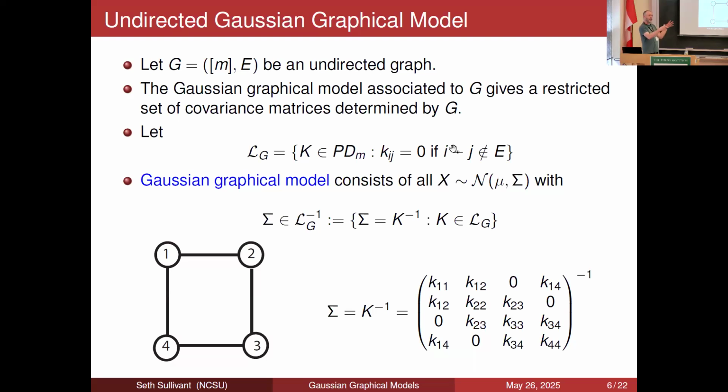So the missing edges in the graph tell me where the zeros are in this matrix K. And the Gaussian graphical model associated to this graph is going to be all of these normal random variables where the sigma is restricted to live not in LG, but in the inverse space of LG. So I'm going to take that linear space LG. The inverse means I'm going to take all the sigmas I get by doing the inverse of the matrices in LG.